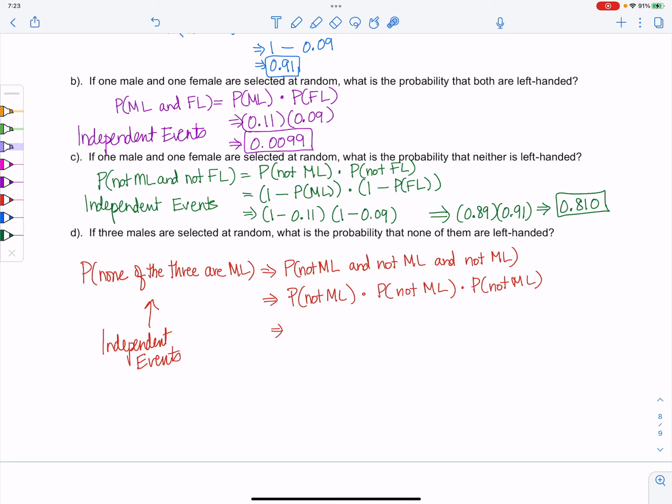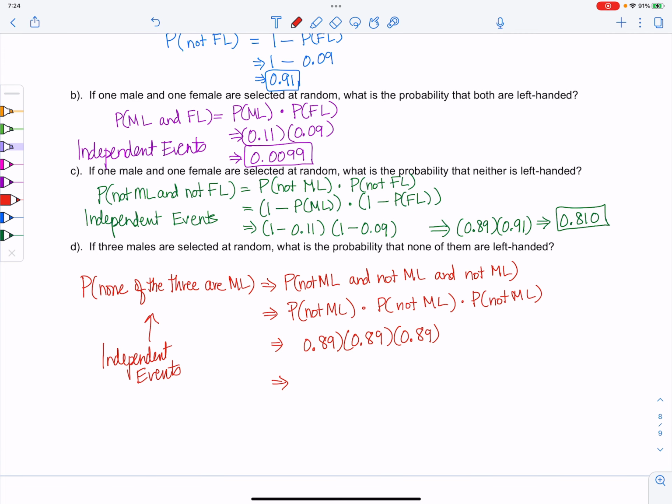And from the previous problem, we see that the probability that they are not male left-handed would be 0.89. So this will be 0.89 times 0.89 times 0.89, and that will be 0.705.